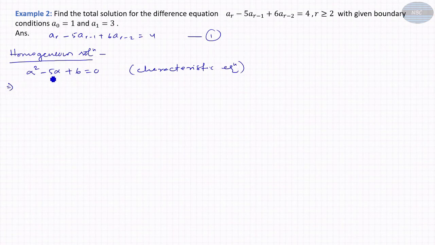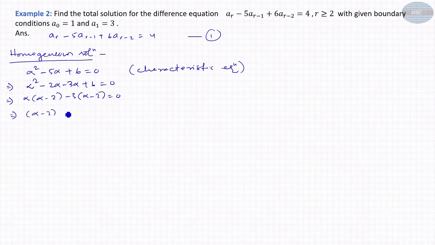So let us factorize this left hand side. So we'll get alpha square minus 2 alpha minus 3 alpha plus 6 is equal to 0. Okay, so take alpha as common here. Minus 3 is common. So it can be written as alpha minus 2 into alpha minus 3 is equal to 0.